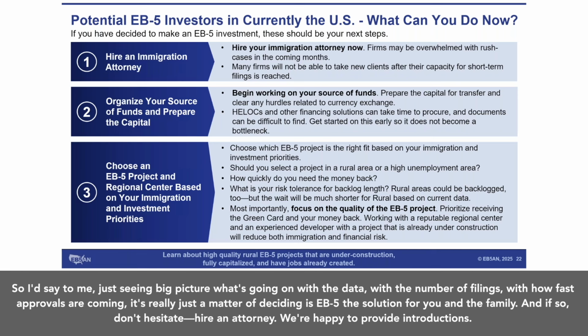So to me, just seeing the big picture of what's going on with the data, with the number of filings, with how fast approvals are coming, it's really just a matter of deciding, is EB-5 the solution for you and the family? And if so, don't hesitate. Hire an attorney. We're happy to provide introductions.